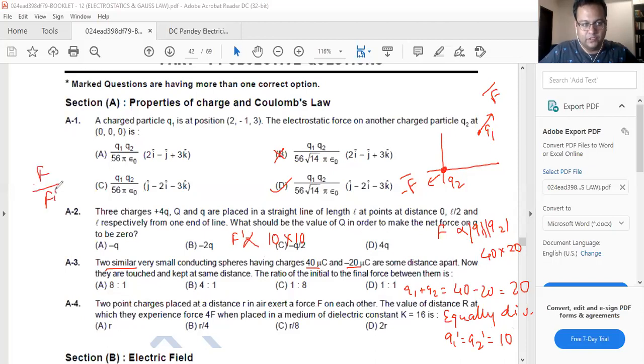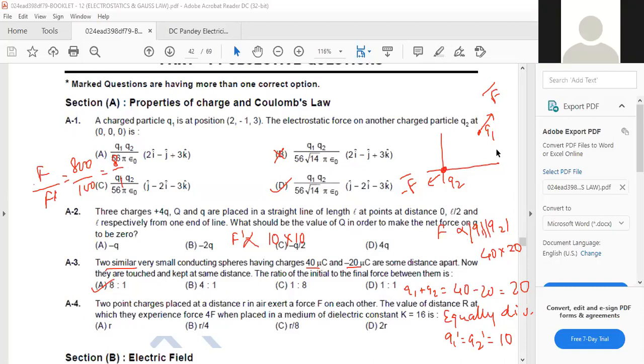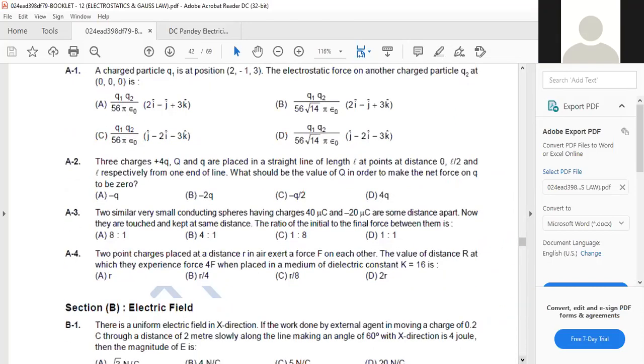F by F dash is 800 by 100. तो 8:1 का रेशियो हो गया. Initial to final निकालना है, 8:1. See if you're clear with this. Yes. Okay. Next. Which question?